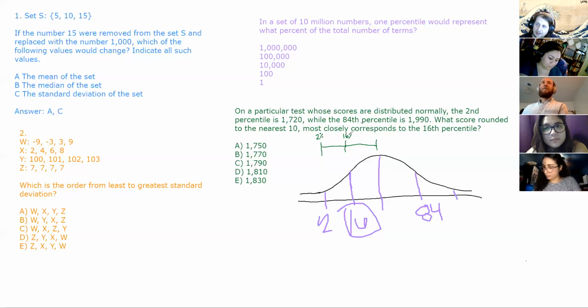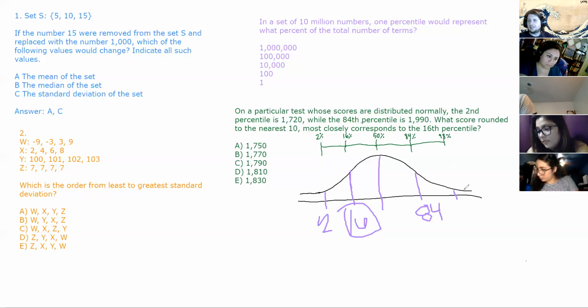Yeah, so 2%, 16%, 50%, 84%, and like 98%. So in other words, if I had drawn my graph a little better, the distance between these is equal. So a standard deviation, is it lowercase sigma, like that?